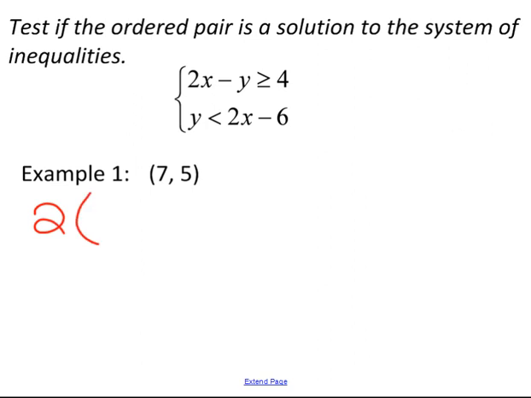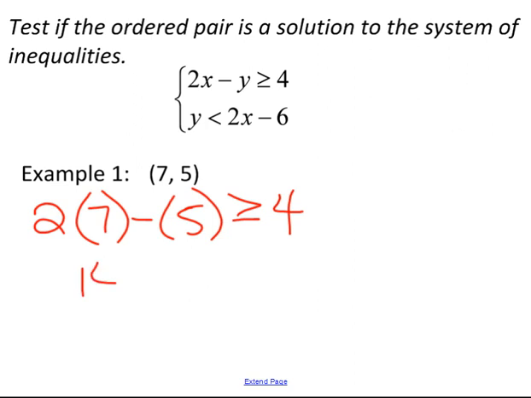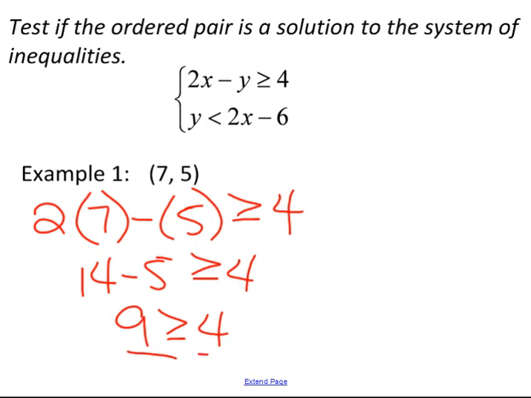So replace the x value with 7, replace your y value with 5, and 2 times 7 is 14, and 14 subtract 5 is 9, and there's no simplifying that can be done with this inequality anymore, so I'm checking at this point to see whether 9 is greater than or equal to 4. 9, that is true. 9 is bigger than 4.